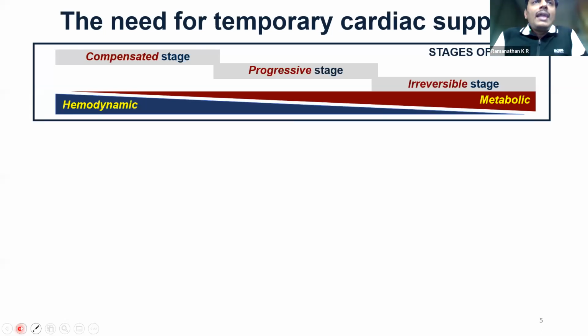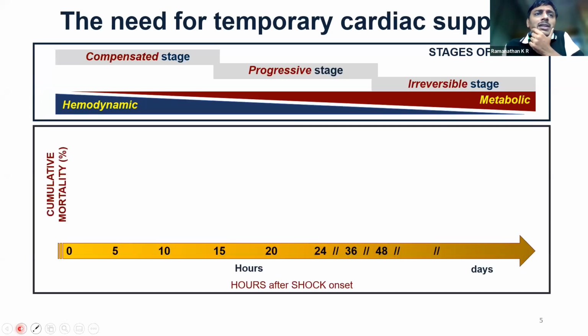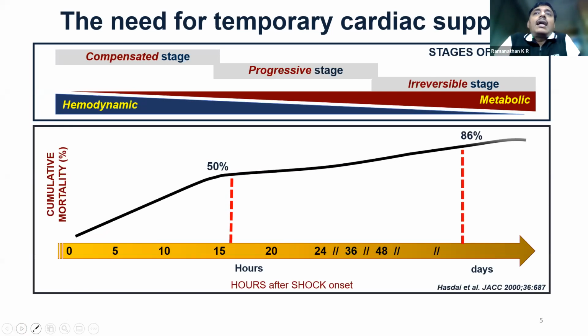Now, again, coming down to the basic pathophysiology and the consequences or the sequelae of cardiogenic shock. I mean, we all know that cardiogenic shock can be easily looked upon in 3 stages. So you have the initial compensated stage, then it progresses, and eventually it goes into an irreversible stage.